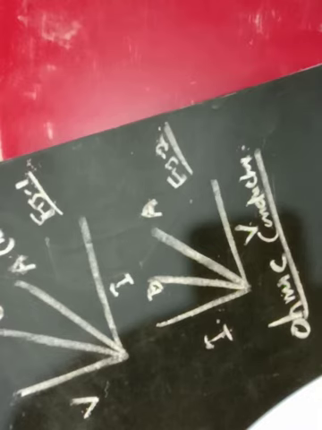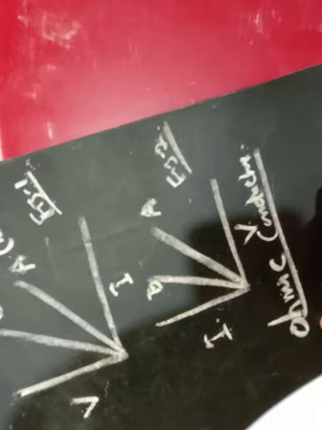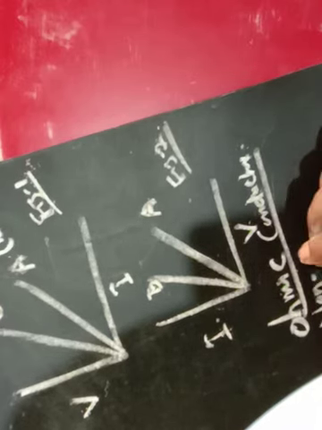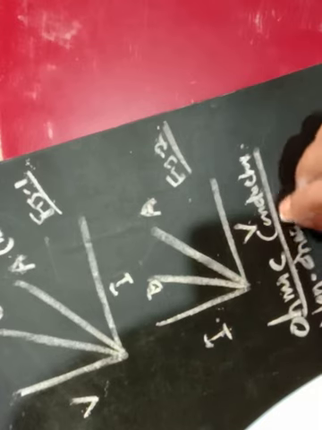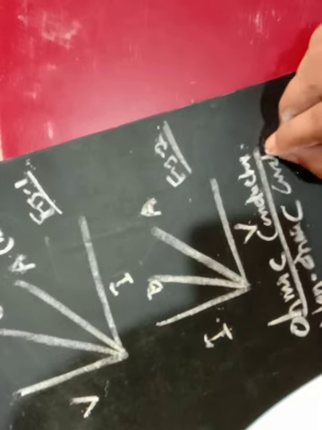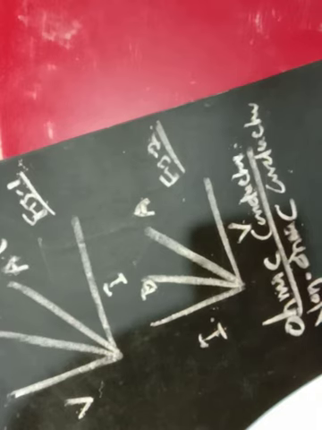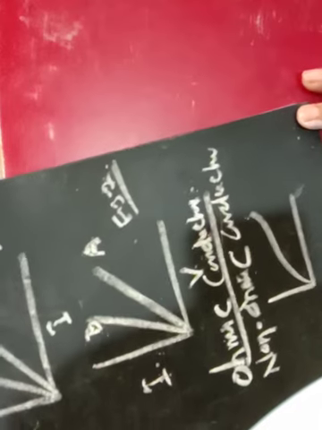Non-ohmic conductor, it doesn't mean that the graph will be a straight line. The graph can be like that also. It is a non-ohmic conductor. Can anybody give me an example of a non-ohmic conductor?